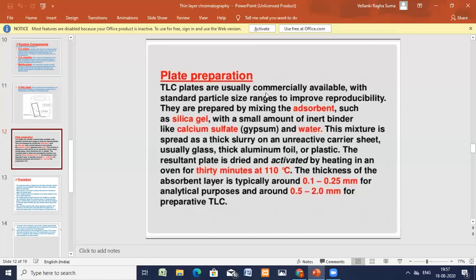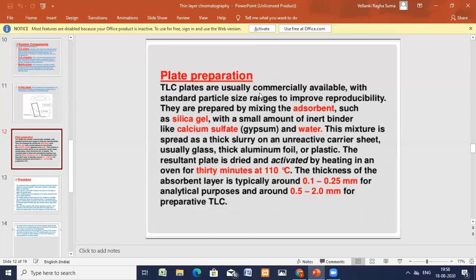One is a pouring method, another is a dipping method, a spraying method, a spreading method, and pre-coated plates, followed by development of the chromatogram. In the pouring method, a glass plate is placed on a level surface and the slurry is poured on it. The plate is tilted back and forth to spread the slurry.